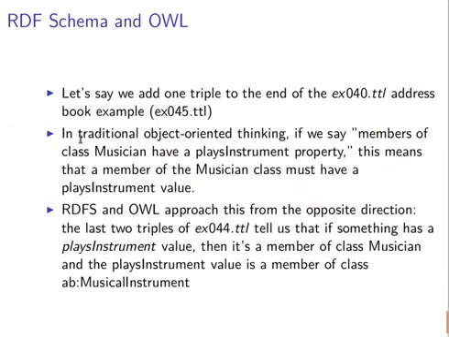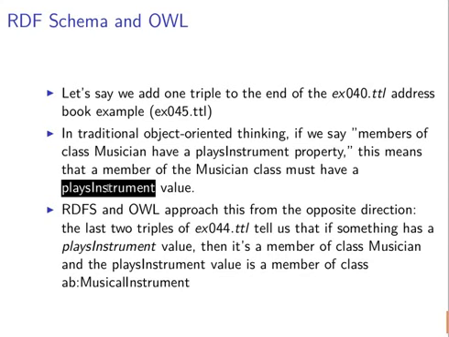Now usually whenever we think about classes in the object-oriented way, if we say members of, for example, class musician, have a plays instrument property, what that means is whenever we instantiate, whenever we create a new instance of that class, then they need to have a value for the plays instrument property.